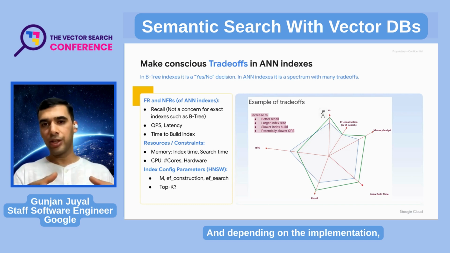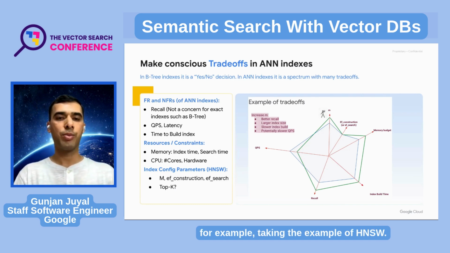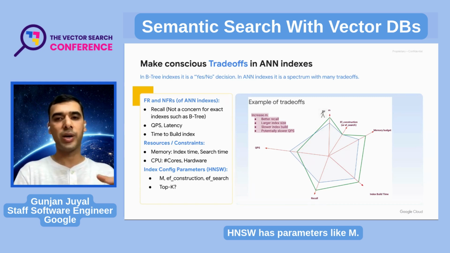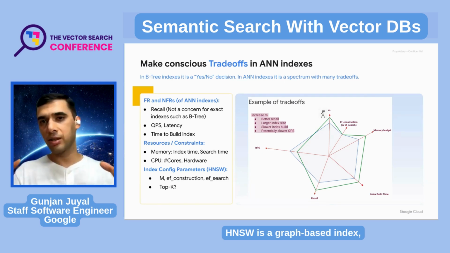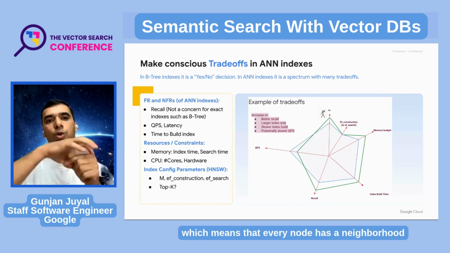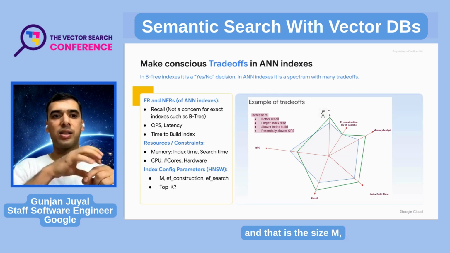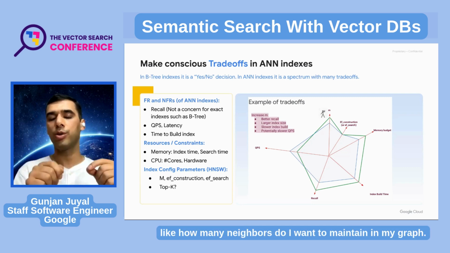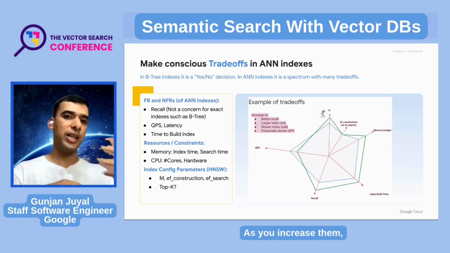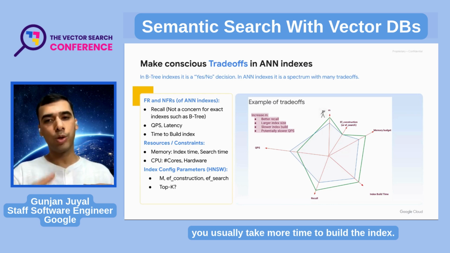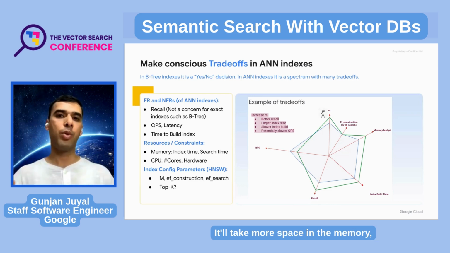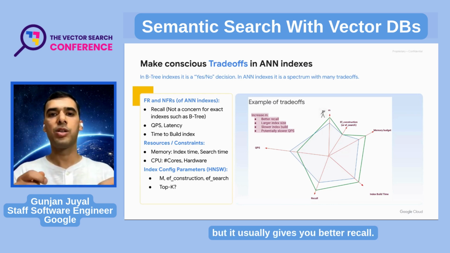And depending on the implementation, for example, taking the example of HNSW, HNSW has parameters like M. HNSW is a graph based index, which means that every node has a neighborhood of nearest neighbors, and that is the size M. Like how many neighbors do I want to maintain in my graph? As you increase M, you usually take more time to build the index. It'll take more space in the memory, but it usually gives you better recall.